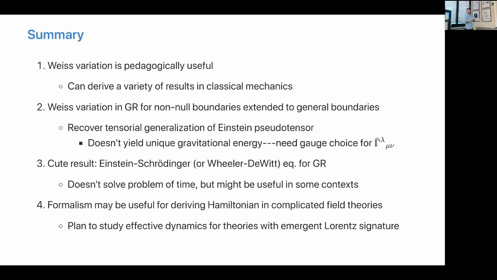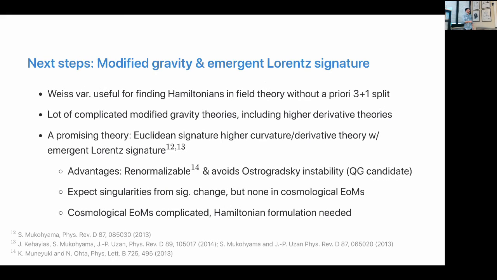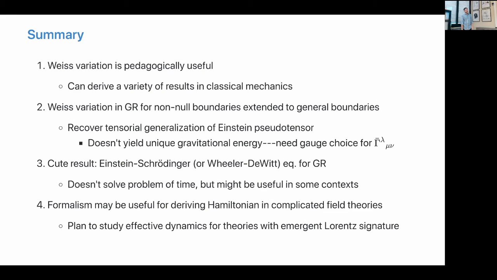But this will provide a first step towards doing those types of simulations. And in fact, that's what I'm hoping to do in the simple cosmological model for that complicated theory. So yeah, that's one potential use for it.